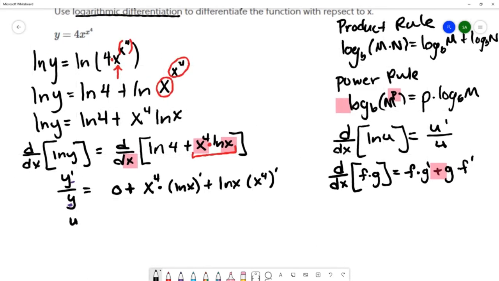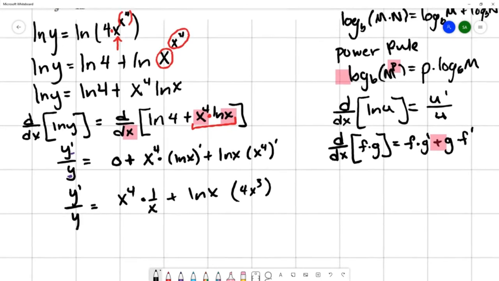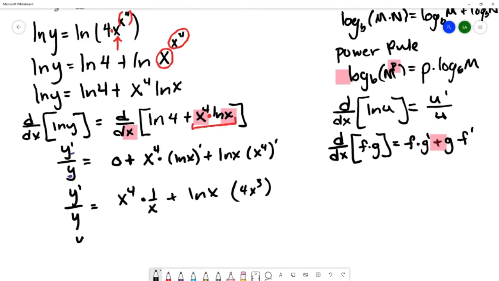I'm going to copy down some of this. Y prime over y equals x to the 4th. The derivative of natural log x will be 1 over x. And the derivative of x to the 4th, we're going to use the power rule, and that's 4x cubed. So we have y prime over y equals, and I can cancel one of these x's here.